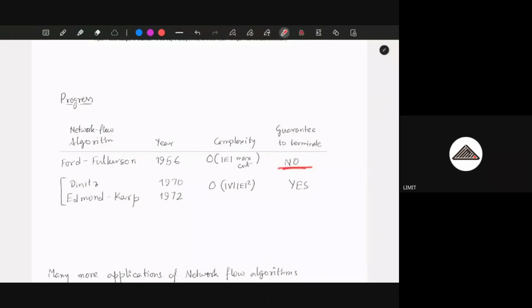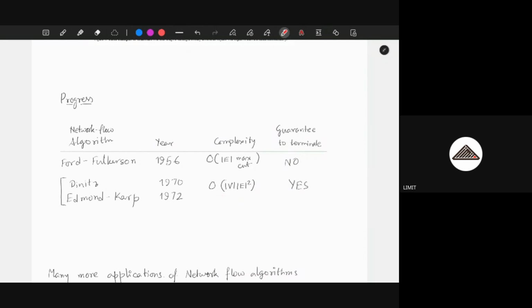So it's not a very good algorithm, but there is a refined version by Dinitz, Edmonds, and Karp. Although they based it on the Ford-Fulkerson algorithm, it actually guarantees the running time. They find the augmenting path, the shortest path, through breadth first search, if you have seen the breadth first search graph algorithm.